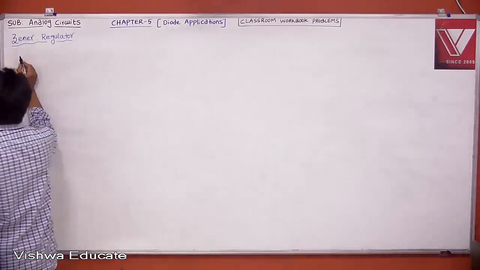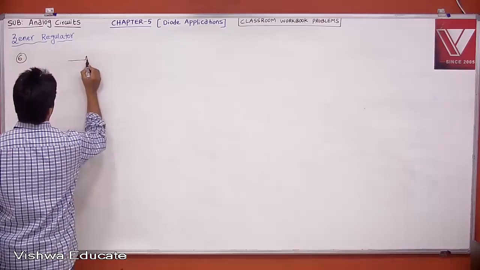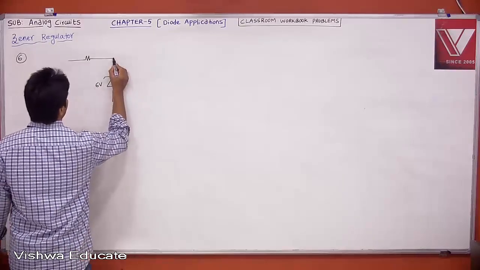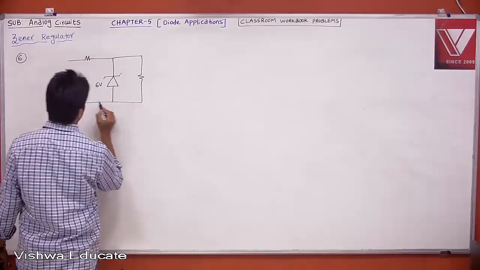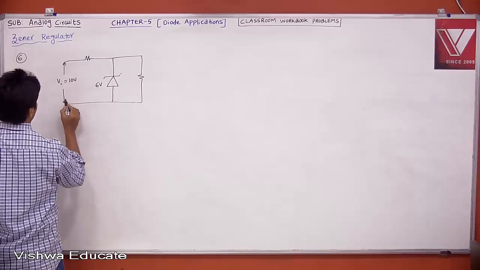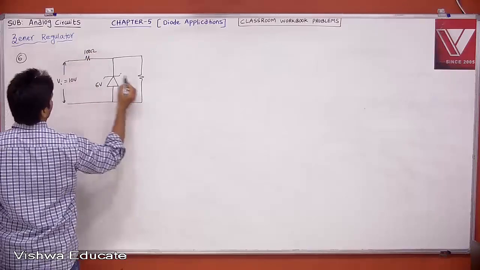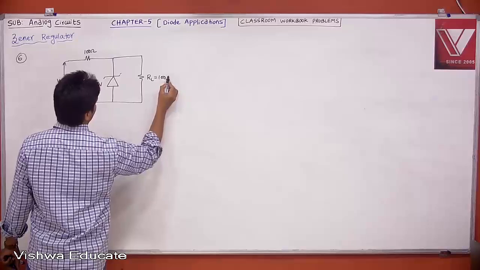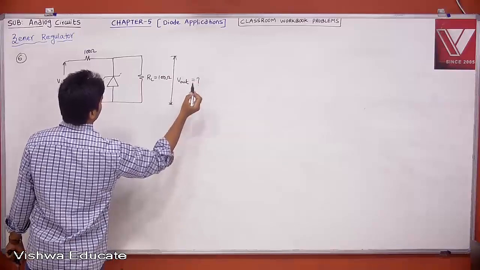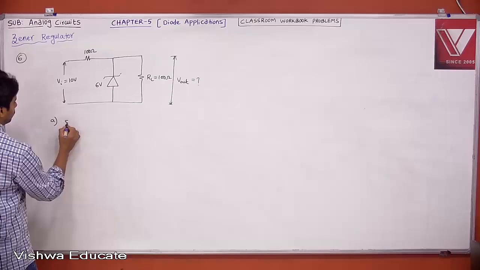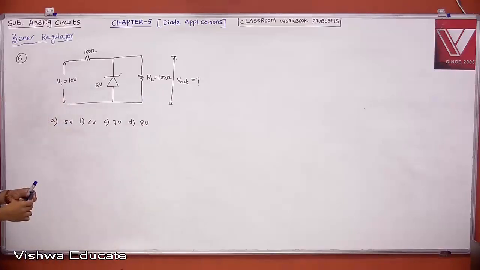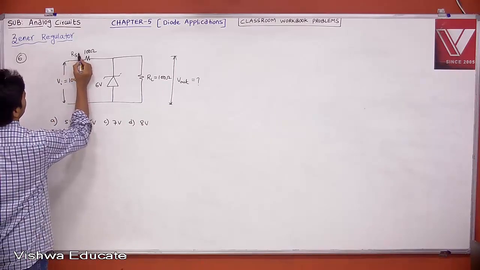Okay, problem number 6. Option A 5 volt, option B 6 volt, option C 7 volt, option D 8 volt. And this is your source resistance RS.